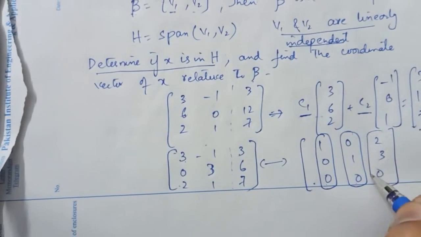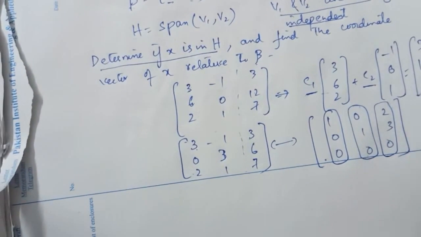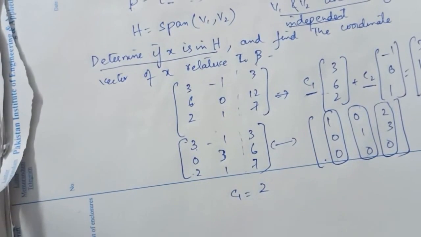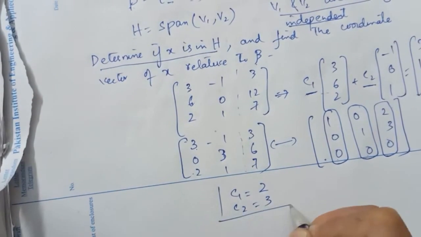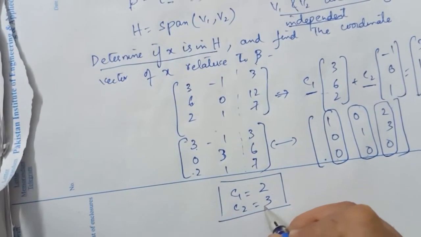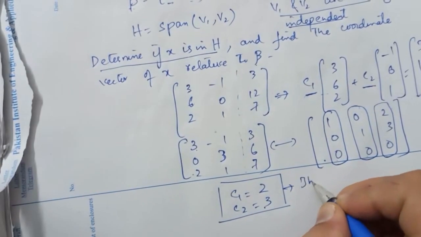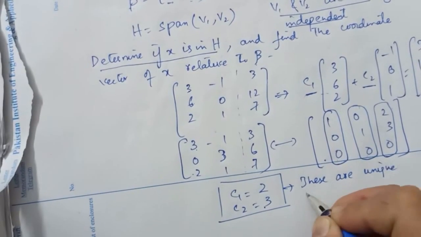Now from our discussion previously, we can find out that C1 is equal to 2, and C2 is equal to 3. So it means the values of C1 and C2 exist, and of course, as we discussed earlier, these are unique values.